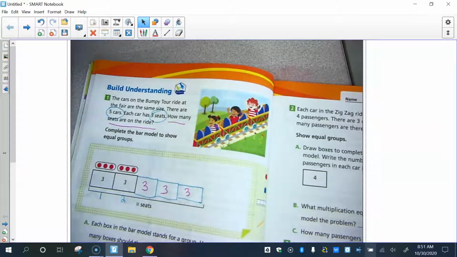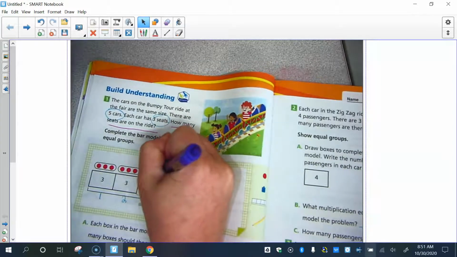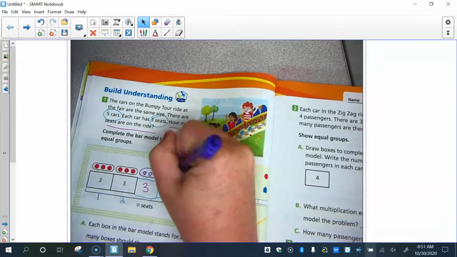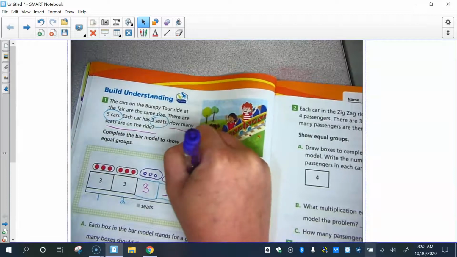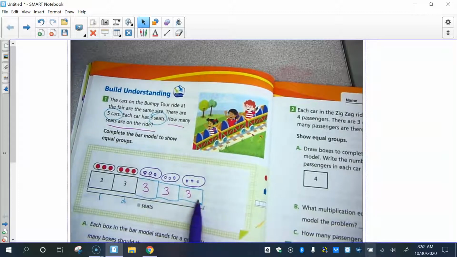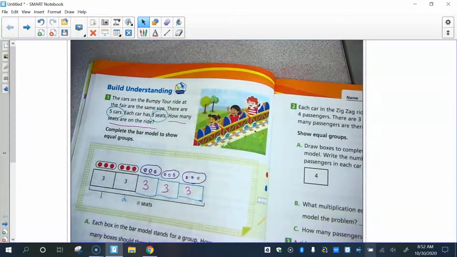And let's go ahead and draw at the top like they did. 1, 2, 3. 1, 2, 3. So it's really just like we did last week and the week before, where we're just drawing pictures to represent. It's just drawing more of a bar, like a big bar, instead of individual circles.